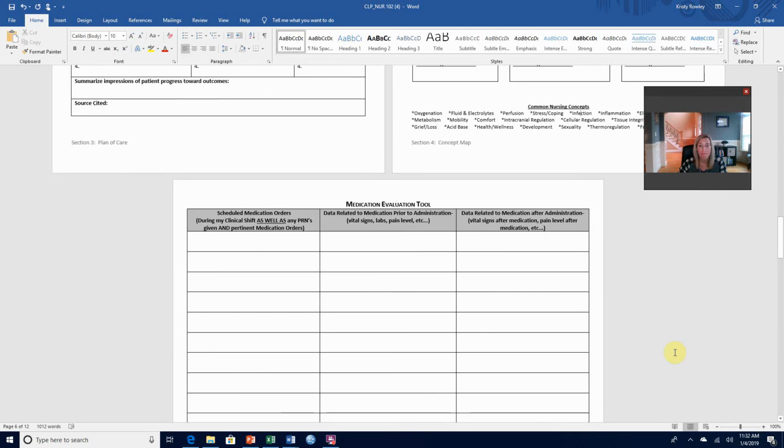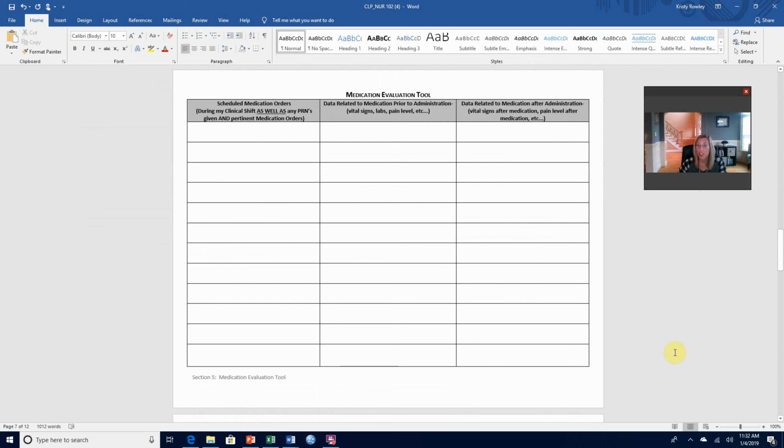Okay. The medication evaluation tool, this is the same as what y'all have seen before. What they are required to put in this column is any of the medications that they are given during their clinical time there. So say if they are there from 6:30 to 12, and they have scheduled medications at 10 o'clock, and that's it.